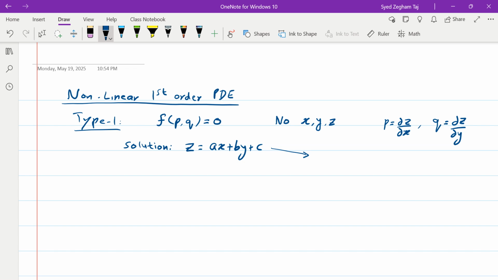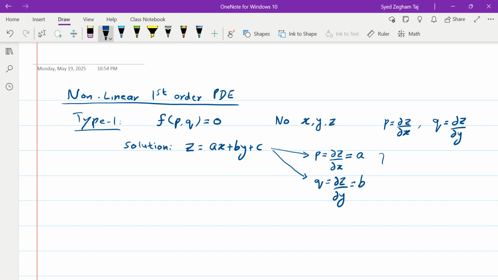Now if from this solution I try to find p, which I define as dou z by dou x, the partial derivative of z with respect to x, then this p will be equal to a, and in the same way if you find q, that is dou z by dou y, this will be equal to b.